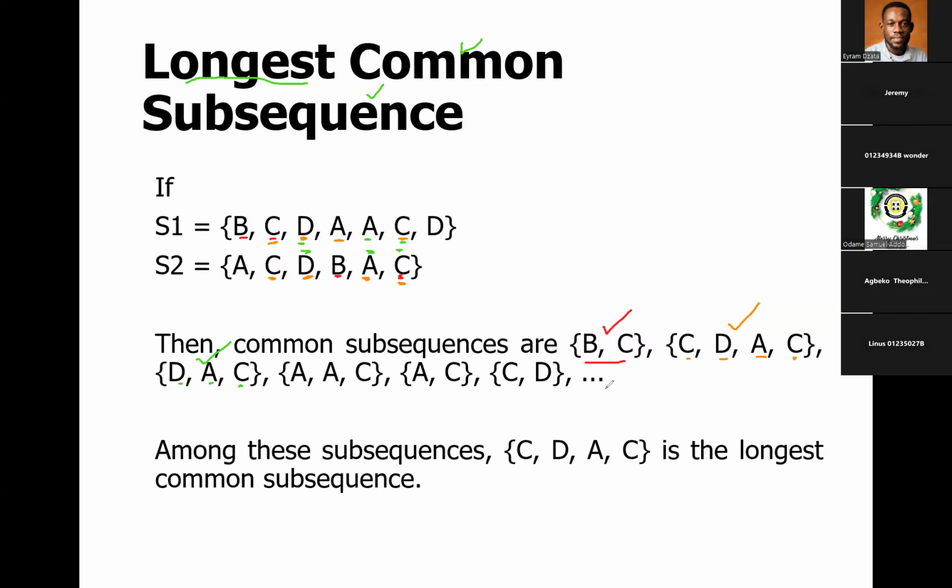Over here, it says that among this subsequence, CDAC is the longest. Emphasis on the longest. If you say the longest, what it means is the one with the highest number of strings.